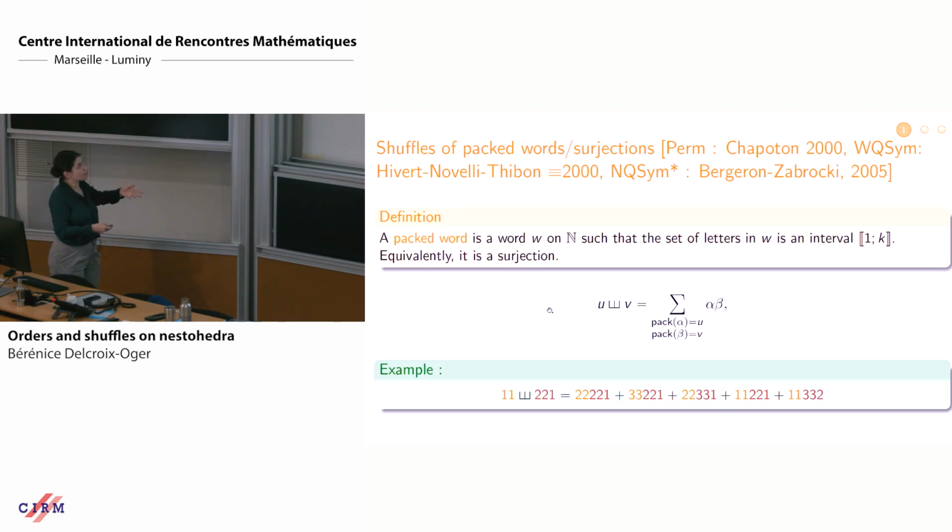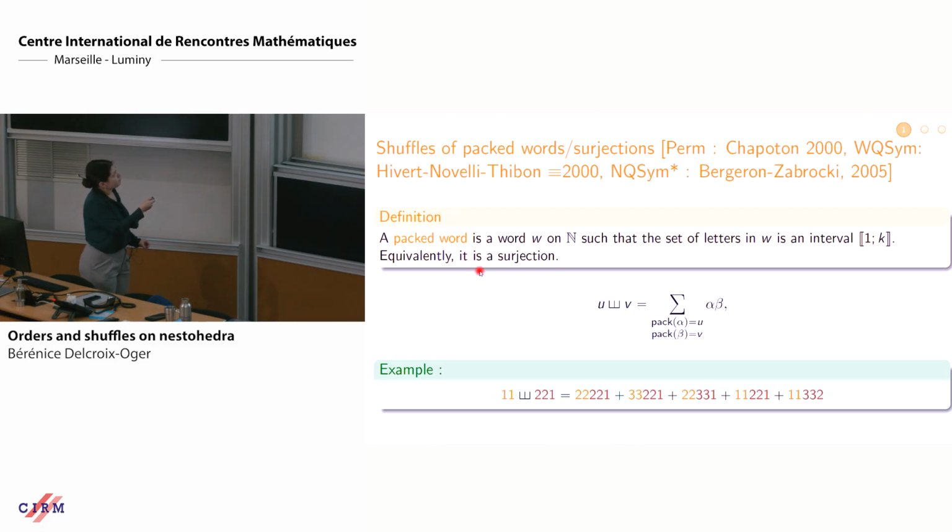After the results of Loday and Ronco, Chapoton introduced a Hopf algebra structure on faces of the permutohedron, and Novelli-Hivert-Thibon introduced it in terms of symmetric functions, calling it WQSym, and Bergeron and Zabrocki introduced it in terms of NQSym star.